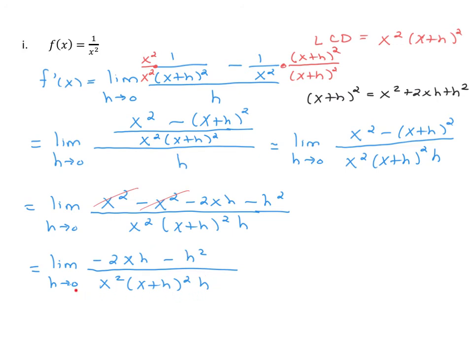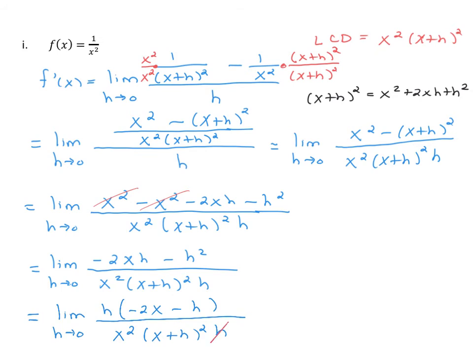That will allow us to evaluate the limit by putting 0 in place of the remaining h's. So if you factor out an h, you have negative 2x minus h left over. Your denominator is x squared, and then multiply by x plus h squared times h. That's helpful because those cancel.